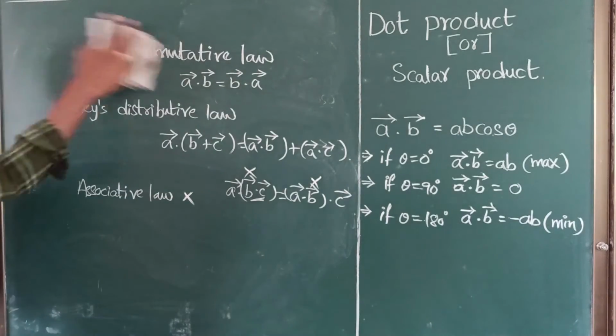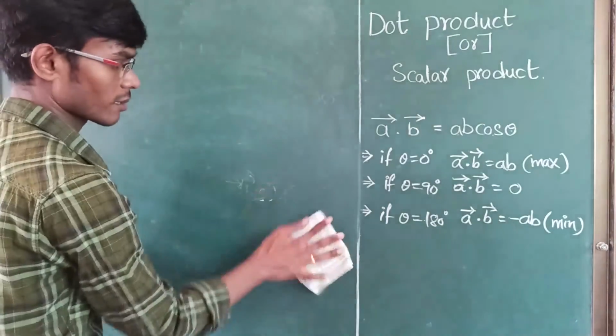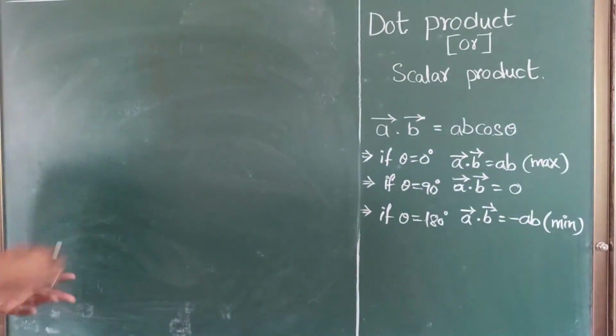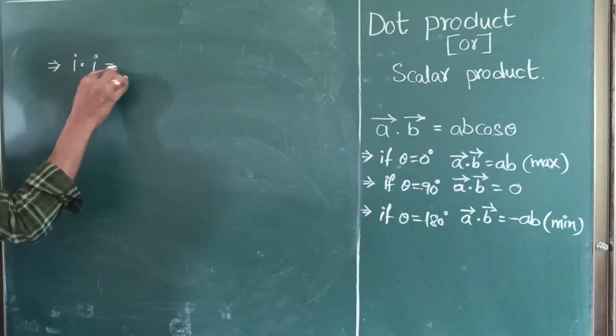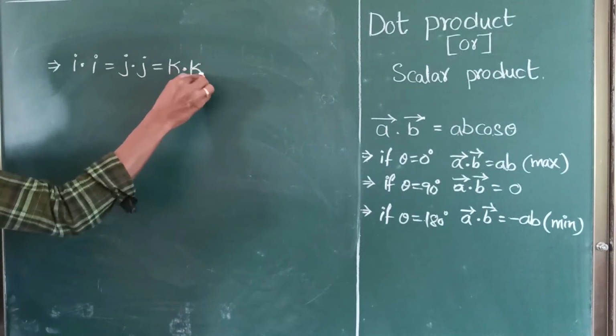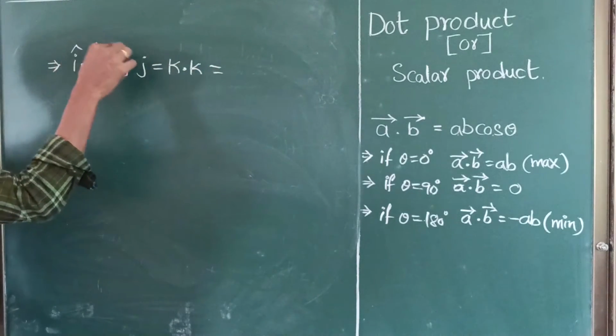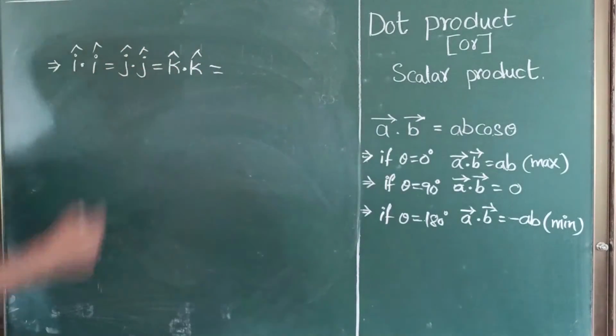And here, the conditions we have to remember: I dot I is equal to J dot J is equal to K dot K, where I cap, J cap, K cap are the unit vectors, right?